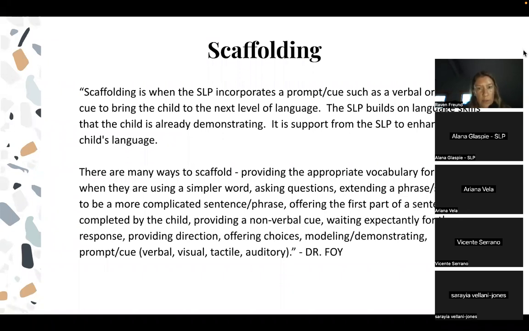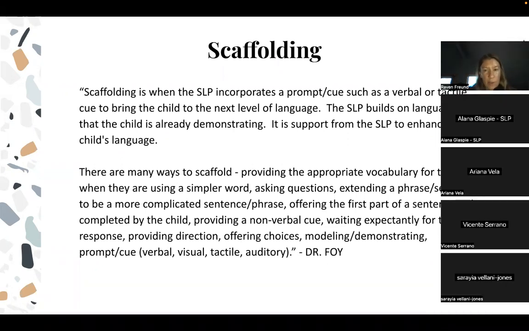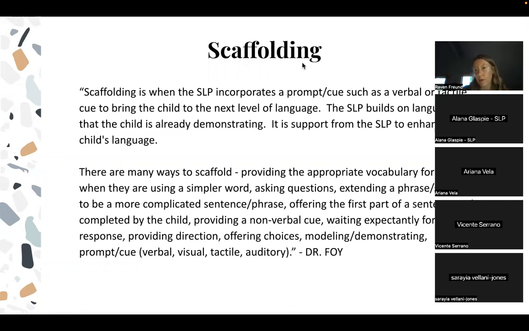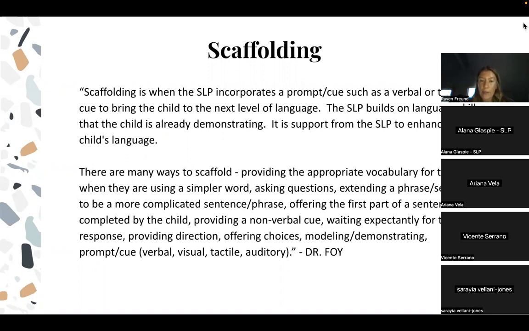Okay. Scaffolding. I'm just going to summarize this. When I think of scaffolding, you are seeing what level a child is at, and then you want to bring them to the next level. I don't know if you guys have learned about not wanting to provide a child with something that's too difficult, above their learning, and not wanting to make it too easy because then it's boring. So I think of scaffolding with that, where you provide something for the child.